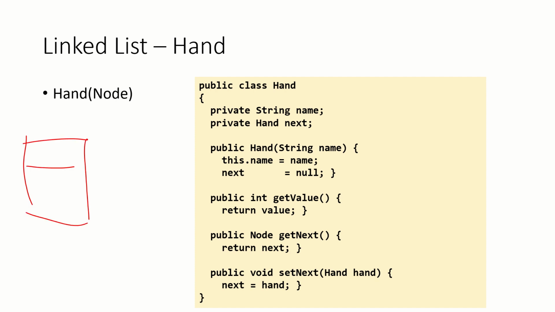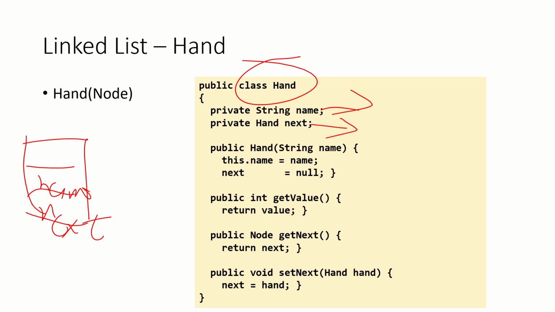If this is a hand, first you need to know the name, right? The second, who would be the next hand, right? So this is a class we need. First, the hand's name, right? The second, next hand. Okay, here is the interesting part. The data type for the next. What's the data type?